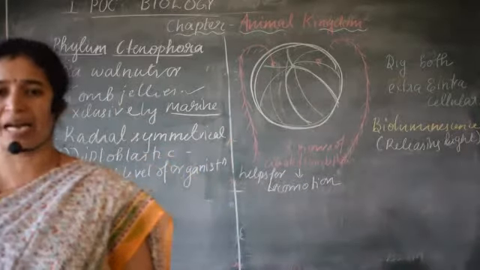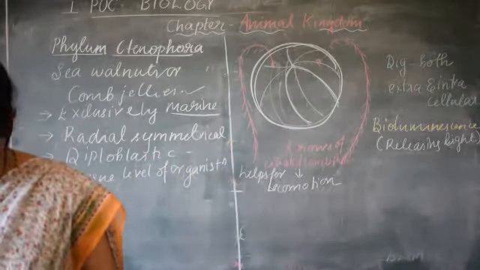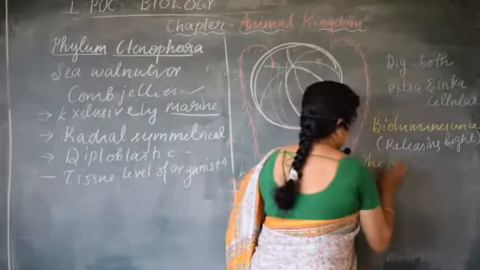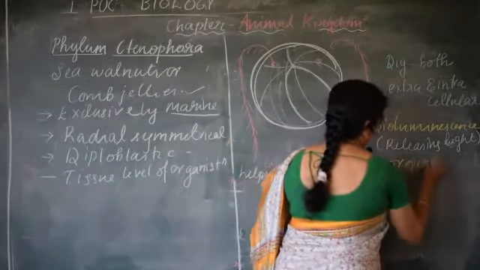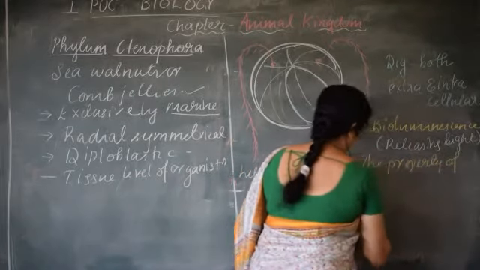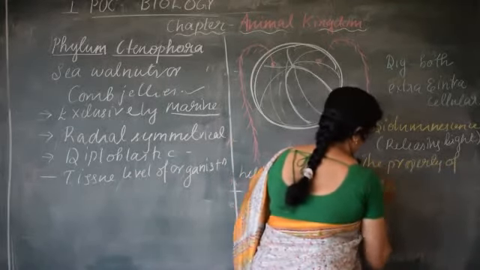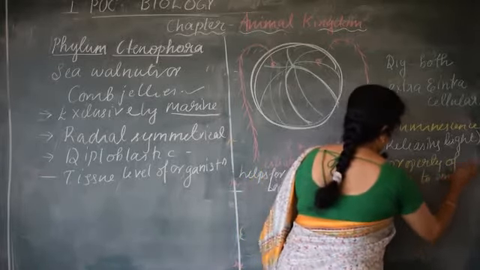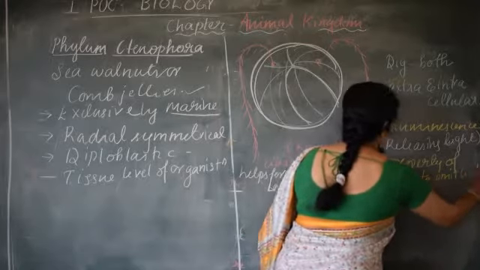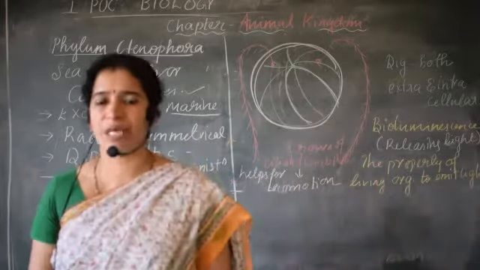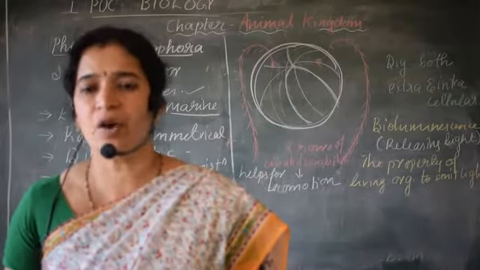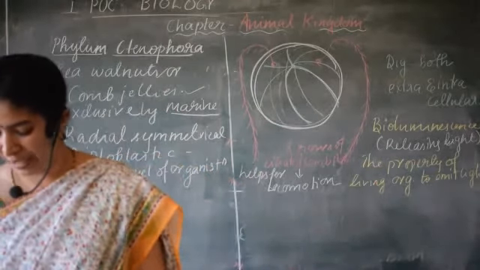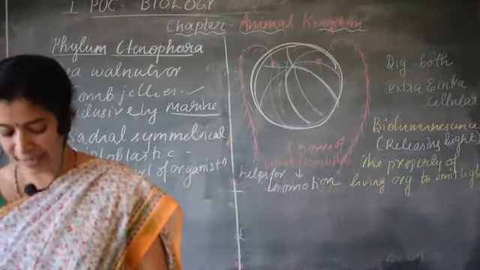So you have to write in a systematic way: the property of living organisms to emit light is known as bioluminescence.